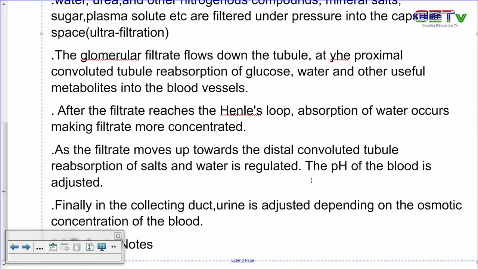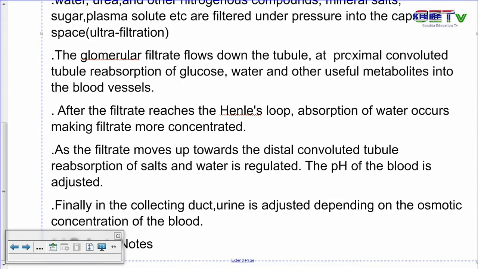After that, the filtrate reaches the loop of Henle, where absorption of some of the water is now taken from the filtrate. Then as the filtrate moves upwards towards the distal convoluted tubule, the absorption of salt and water is regulated, and this is done by the pH of the blood, which is being adjusted.